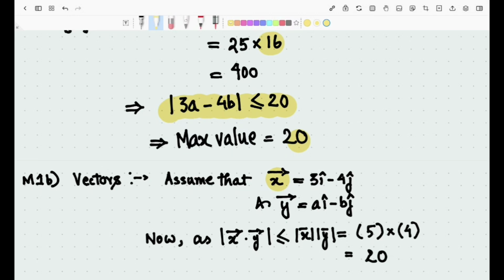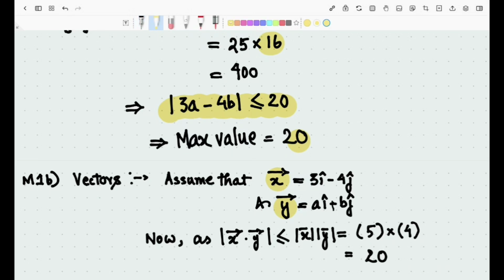I have also assumed a vector y, which is a i cap plus b j cap, right? It will be plus here. I just made a mistake. So x is 3 i cap minus 4 j cap, and the second vector I have assumed as a i cap plus b j cap, right.